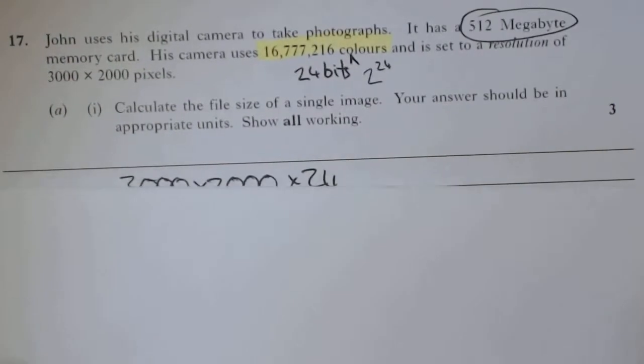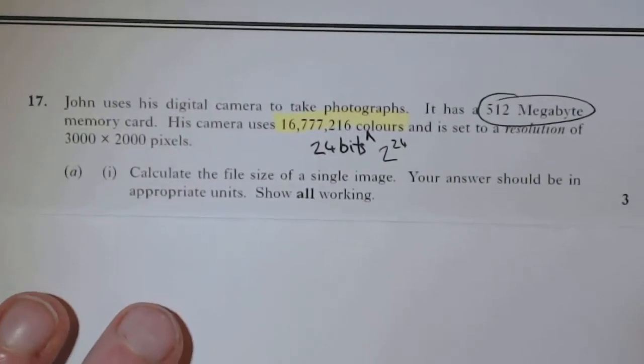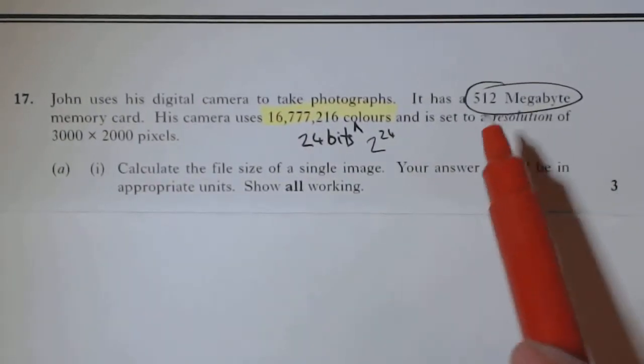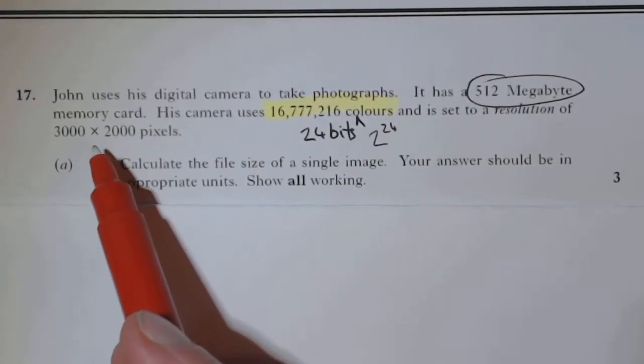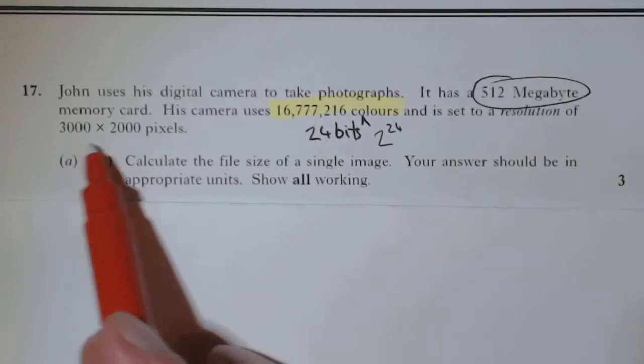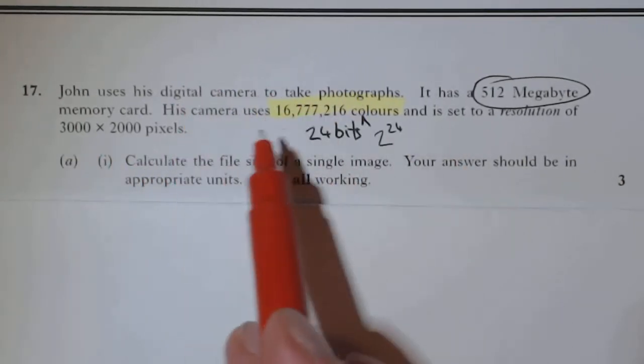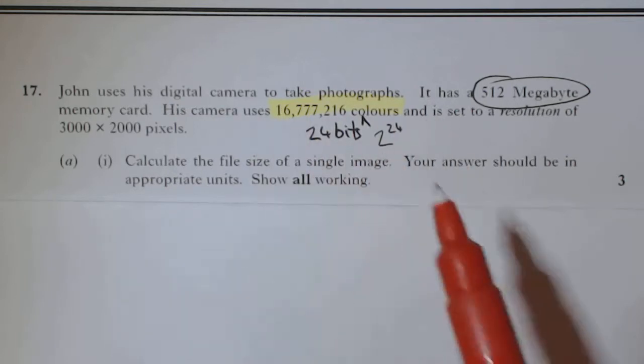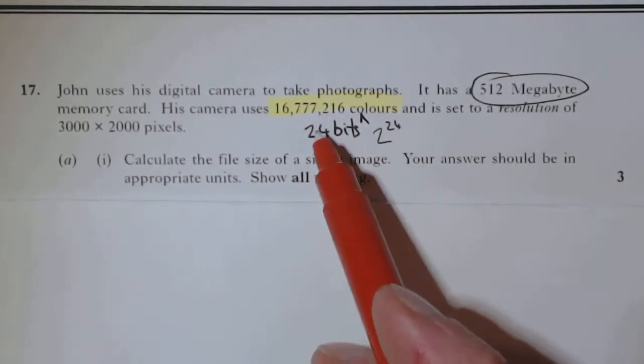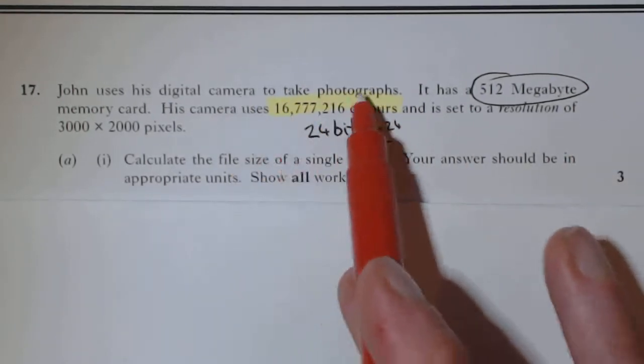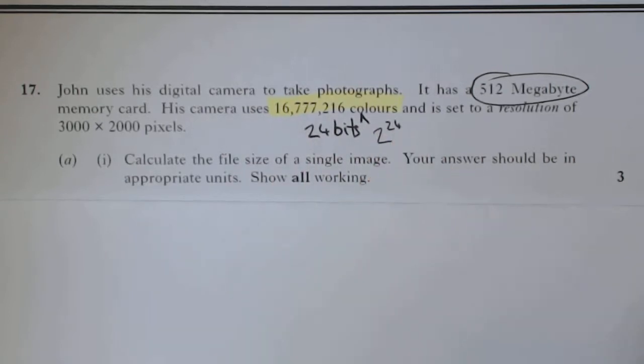And hopefully this is your last page, and it is talking about John using a camera and taking photographs. The handy thing is it gives you the size in pixels. Not so handy as it doesn't give you the colour depth, it just gives you a number of colours, but you'll get used to seeing this number. Well, that's 2 to the power of 24.